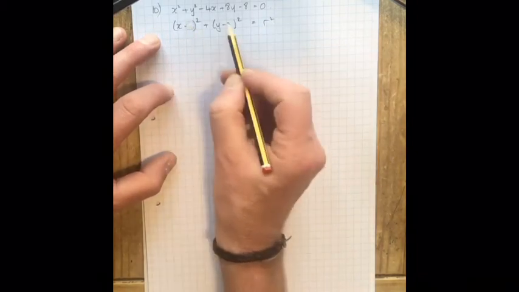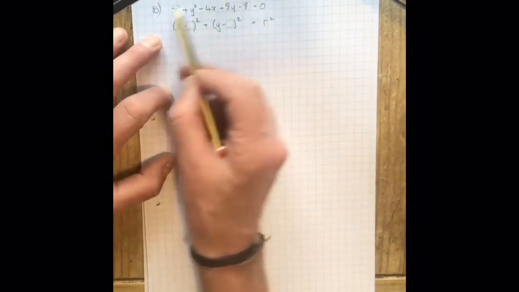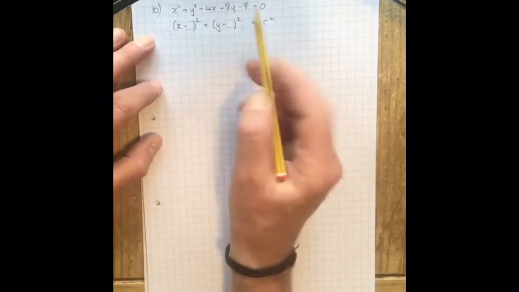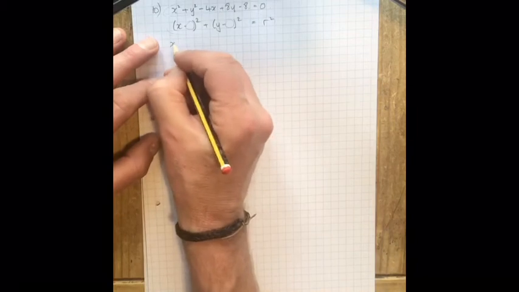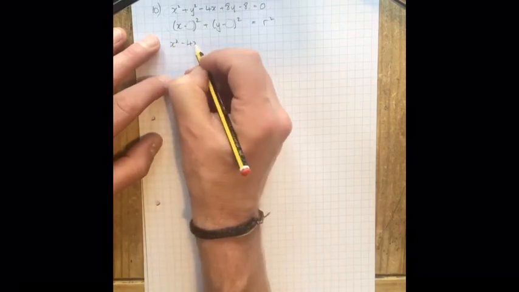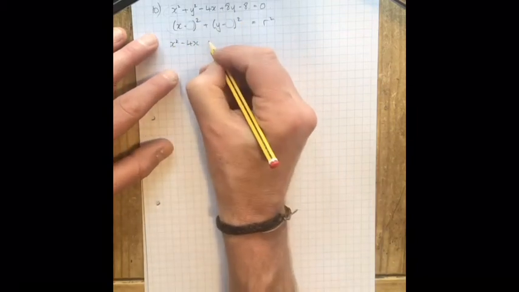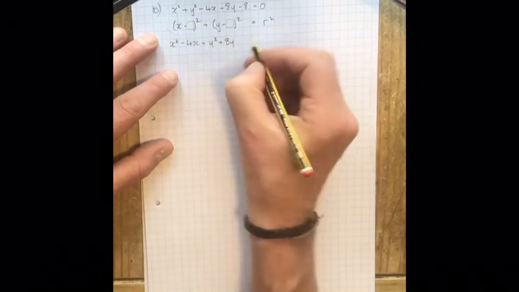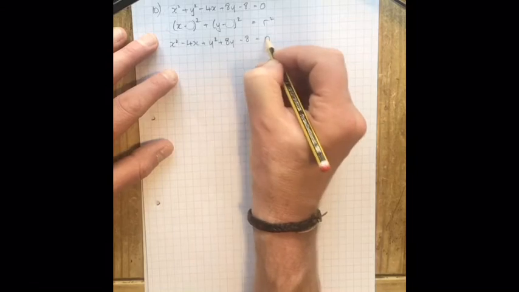So we need to work out what those two things are. The way to do it, look at our original one. Let's pair up the x's. So I've got x squared minus 4x. Pair up the y's. I've got y squared plus 8y minus 8 equals 0.